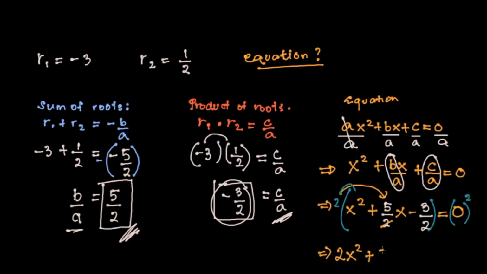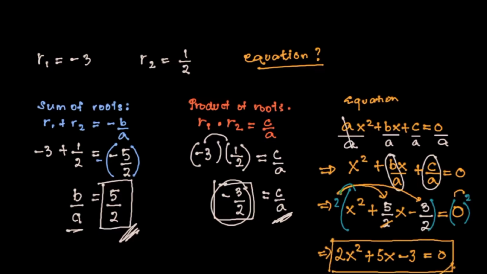That is 5x only. And 2 times negative 3 halves, that is negative 3 only. And then 2 times 0, yes, correct, that is 0. And this is the original equation of these two given roots. And that is our mission for today. I hope you learned something.